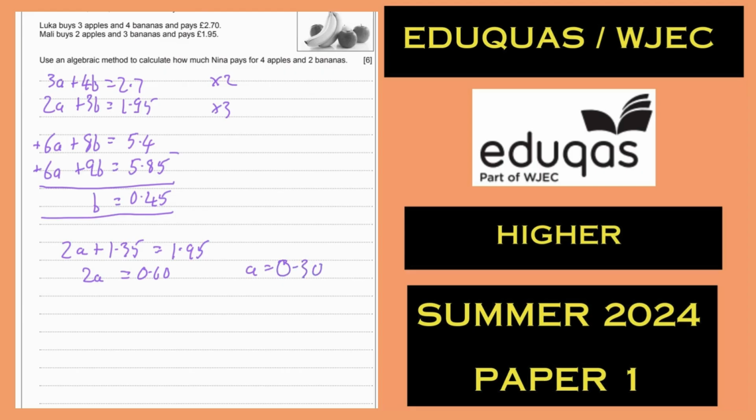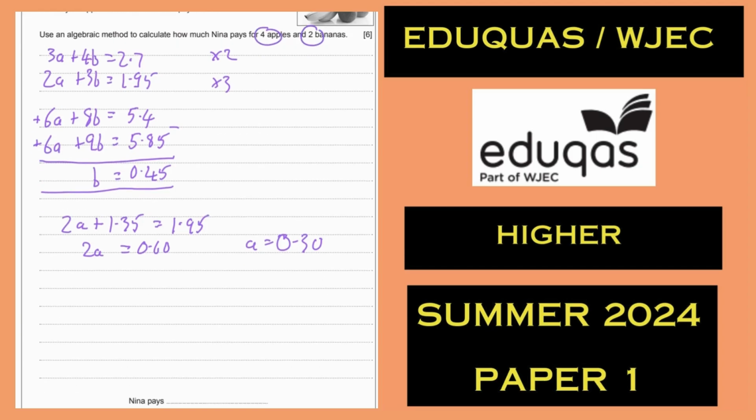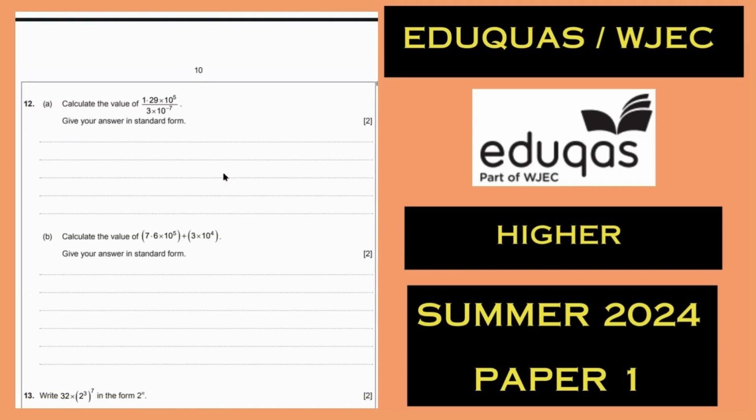Normally, simultaneous equations, you've finished. You've got your x and your y, in this case your a and your b, but not here. We now need to do 4 apples and 2 bananas. 4 apples, £1.20. 2 bananas, 90p for £2.10 or 210 pence.